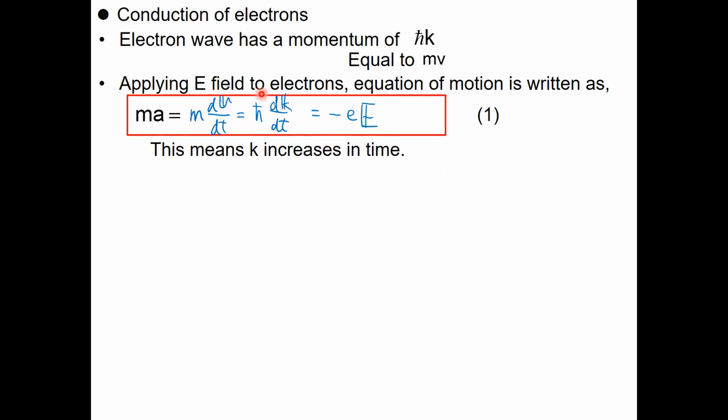However, looking at this side, h bar times dk over dt indicates that once the electric field is applied, the k wave vector of electrons gradually changes by applying the electric field of force. So we can think like by applying the force to the electron cloud or electron wave, the wave vector is gradually increased in time.